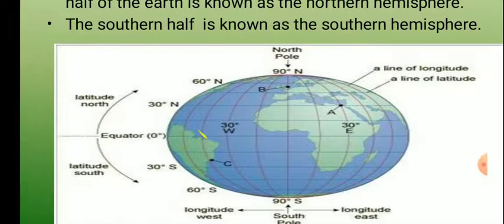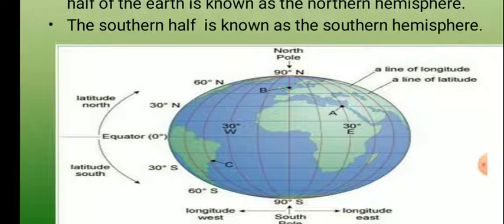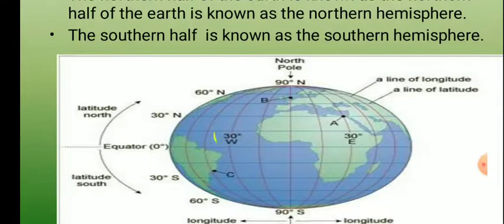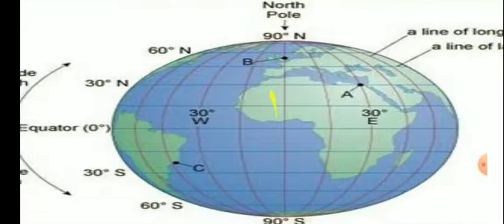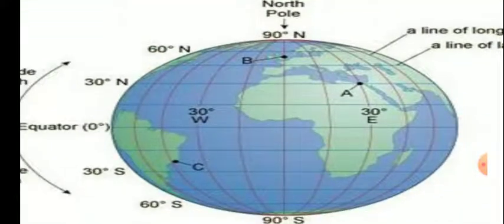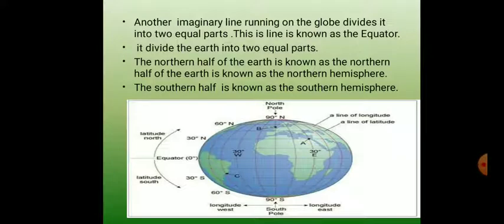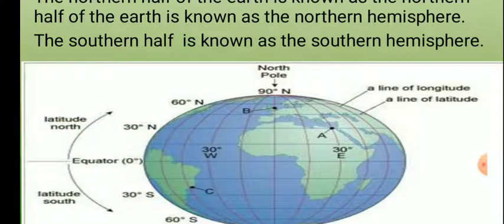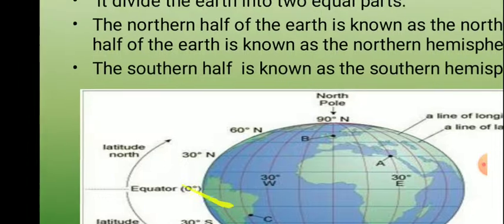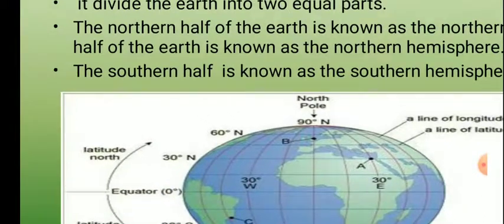And from the equator towards the south, from 0 degree down to the South Pole, this southern half part is known as the southern hemisphere.